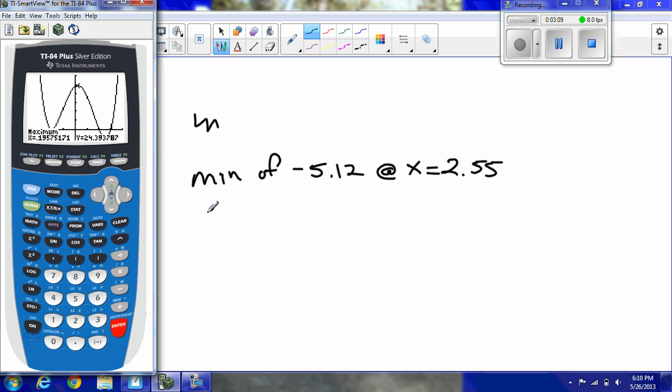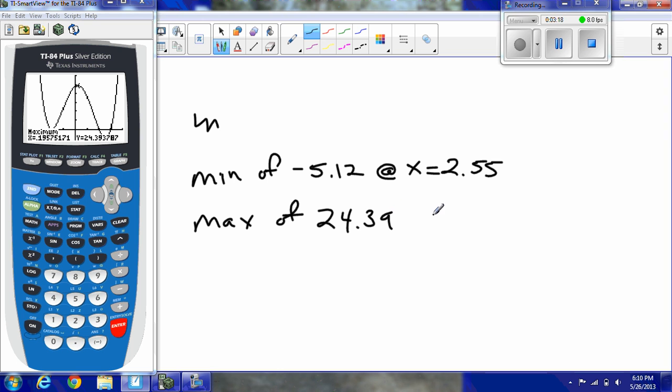So I would say max of 24.39 at x equals 0.1957. So in fact, my maximum wasn't right on the y-axis. That would have told me it was at y equals 0.